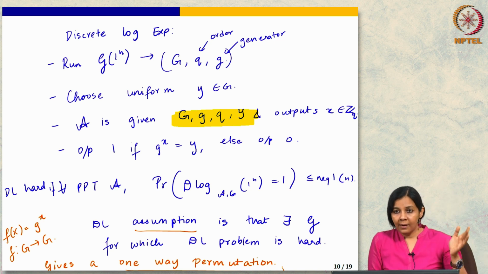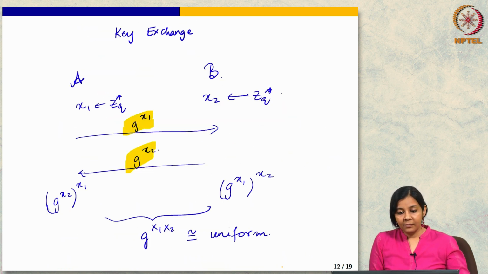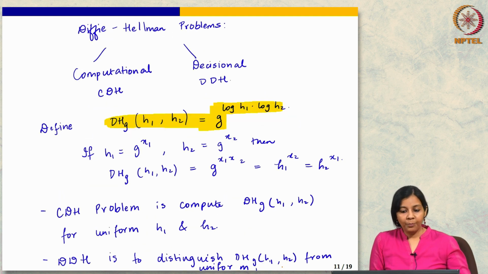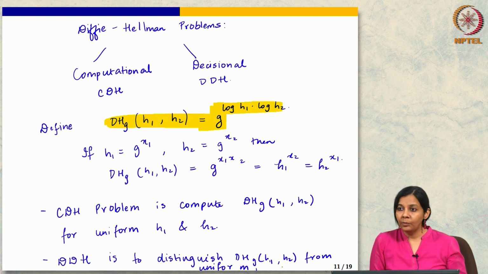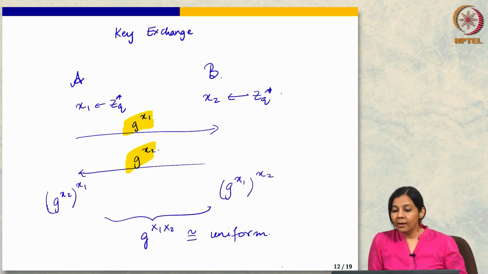So, this is a trapdoor permutation, and then we defined more advanced problems like the computational and the decisional Diffie-Hellman problems. From this I already showed you one very nice thing, again at an intuitive level. This is the key exchange. If we need to explore it more formally, let us do it in the homework.